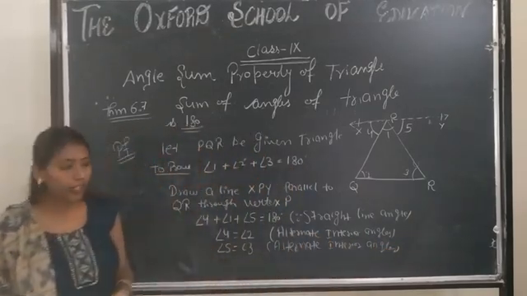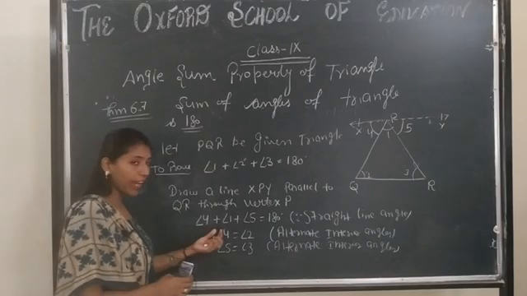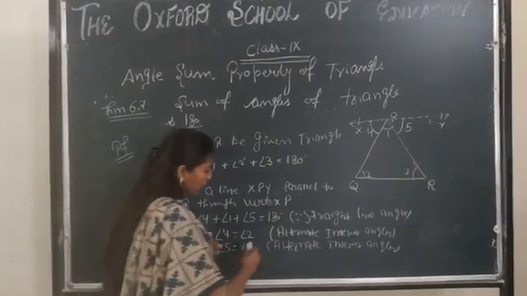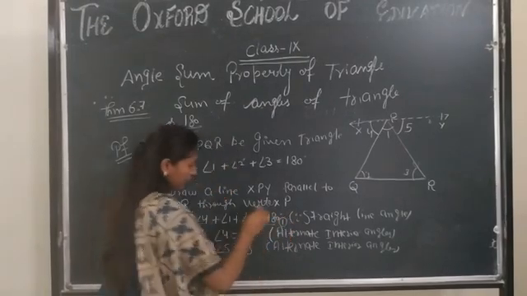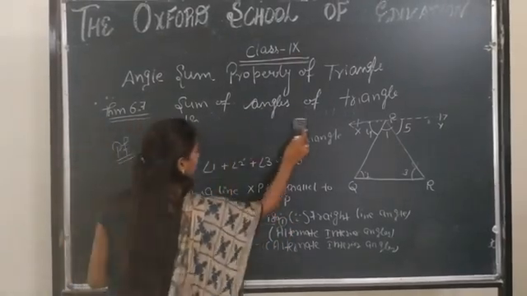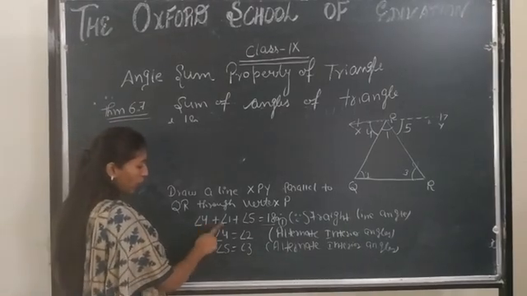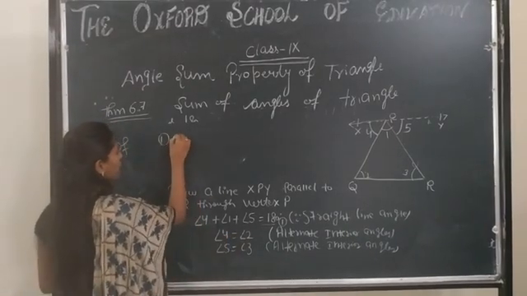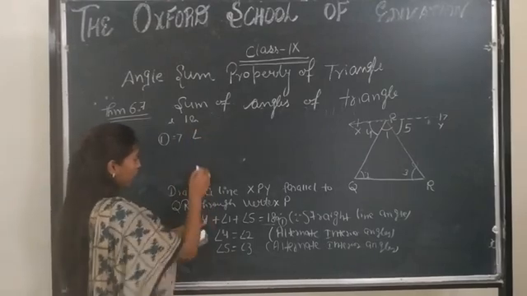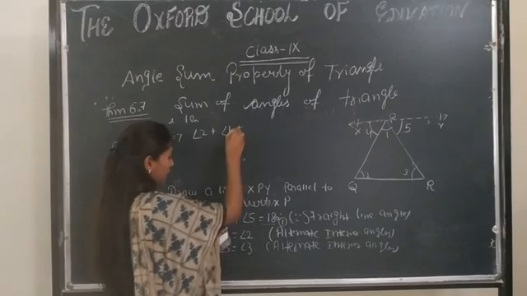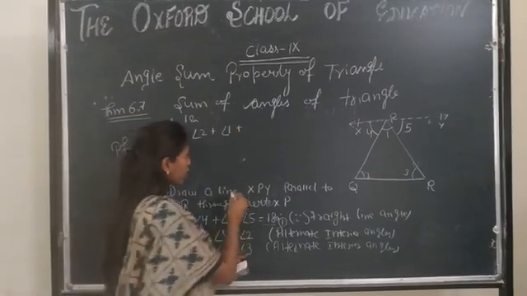Now what will we do? Put the value of angle 4 and angle 5 in equation number 1. So put the value of angle 4 equal to angle 2. So equation 1 implies angle 2 plus angle 1 as it is plus angle 5, which is equal to angle 3.